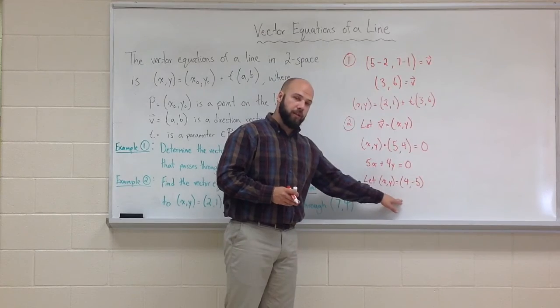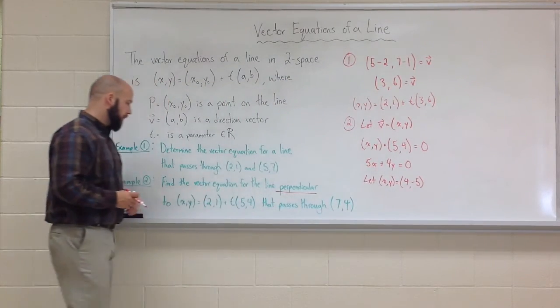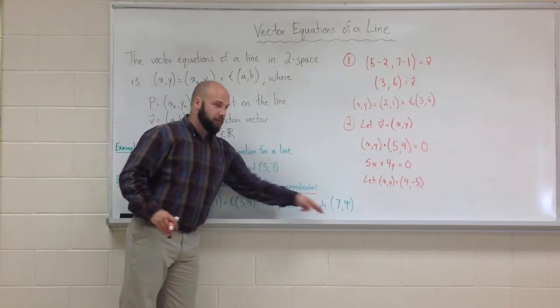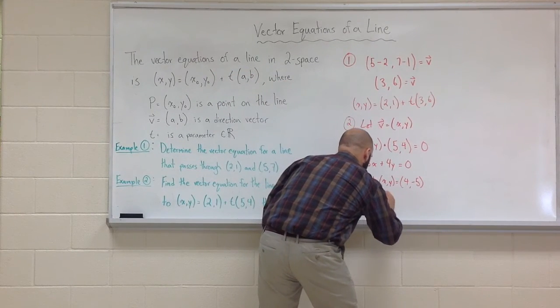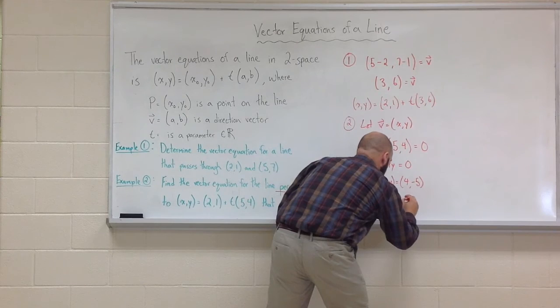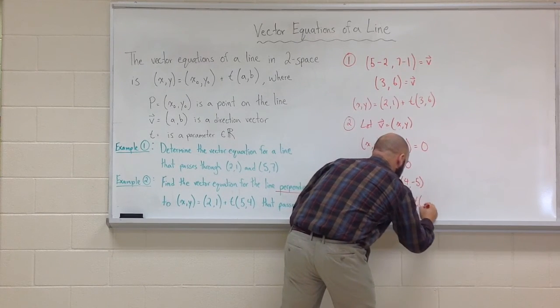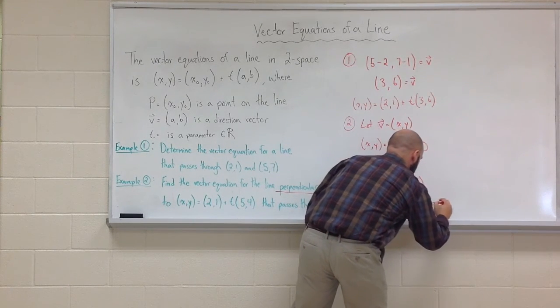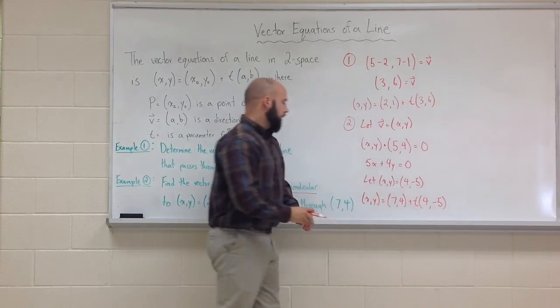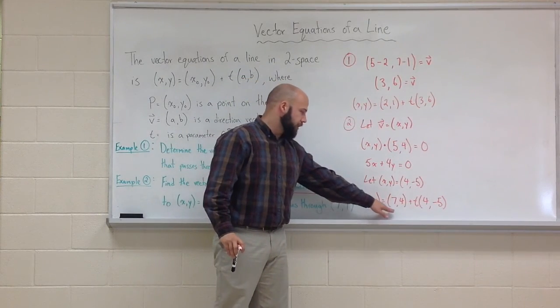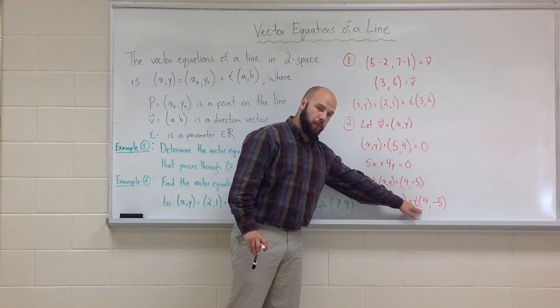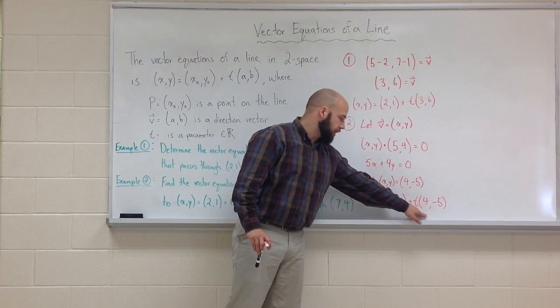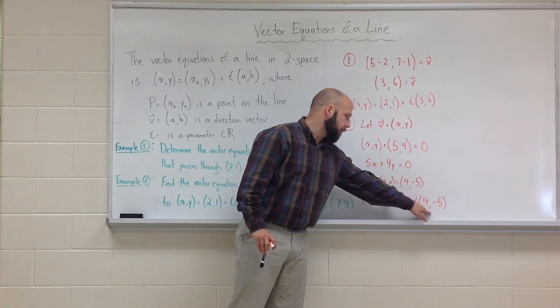This is our new direction vector, (4, negative 5), and it passes through the point (7, 4). So our final answer is (x, y) equals (7, 4), the point it passes through, plus our parameter t times the direction vector (4, negative 5).